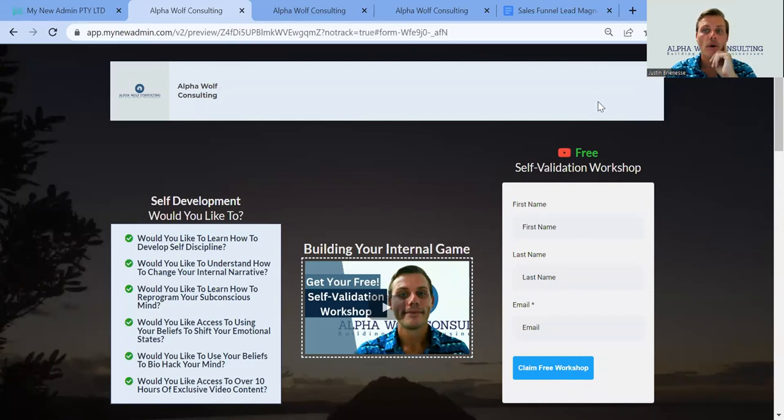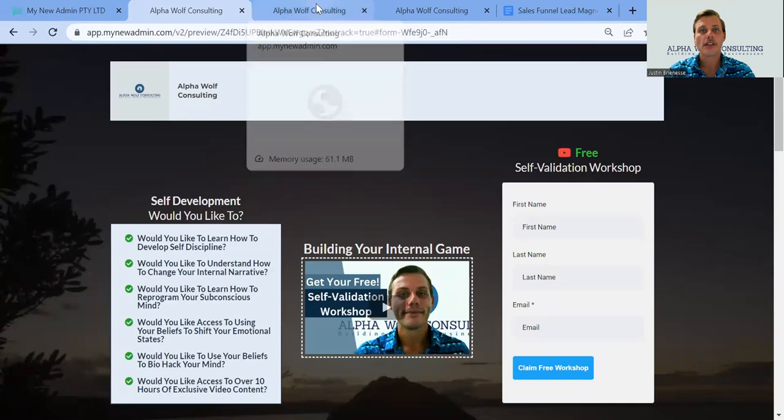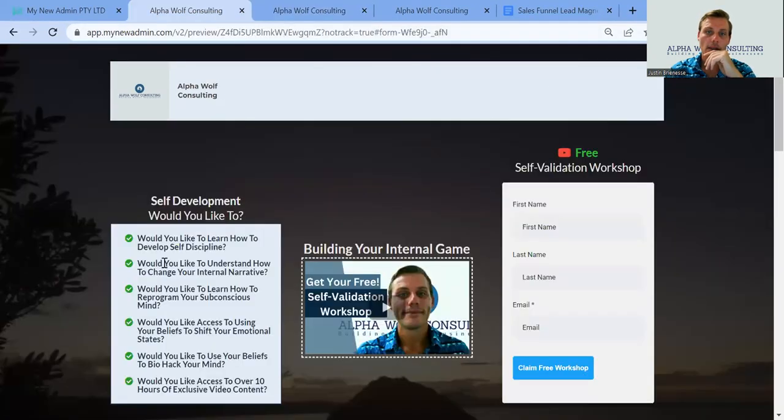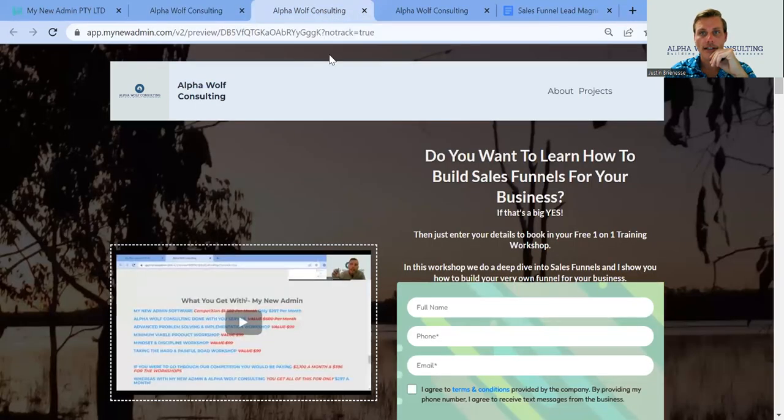So there's nowhere for the lead to go but forward or backwards. Backwards is them qualifying themselves out of your buying process, or your buying cycle, whatever you want to call it. And progressing forward moves to the next stage, which is to book the meeting. The whole goal of this funnel is for the lead magnet to be valuable enough for the buyer to progress to the next stage.